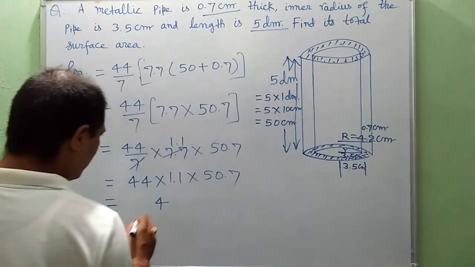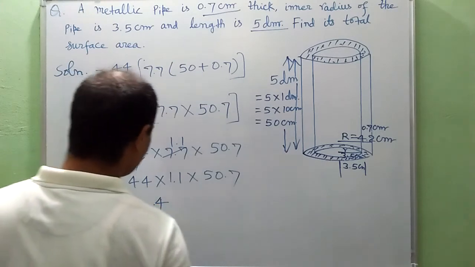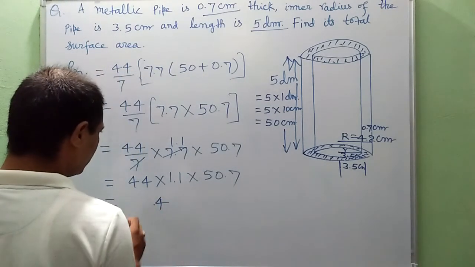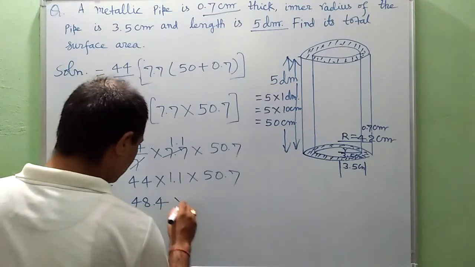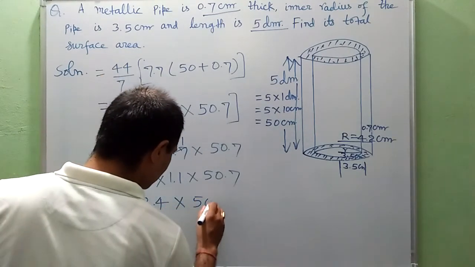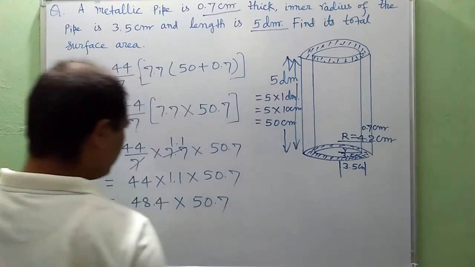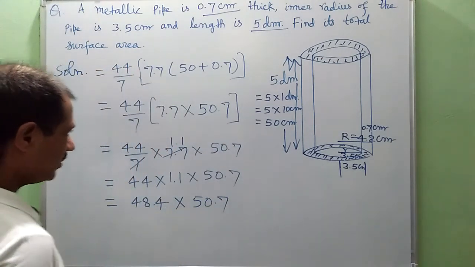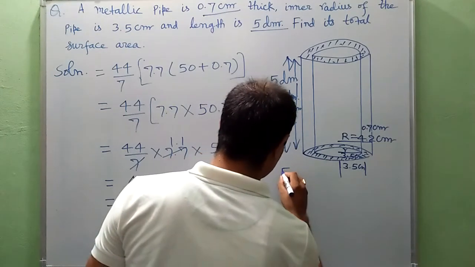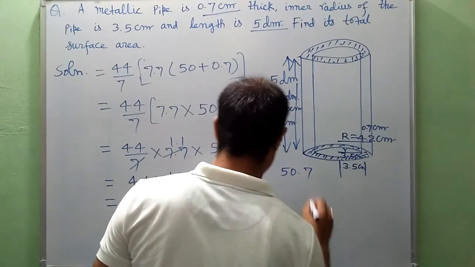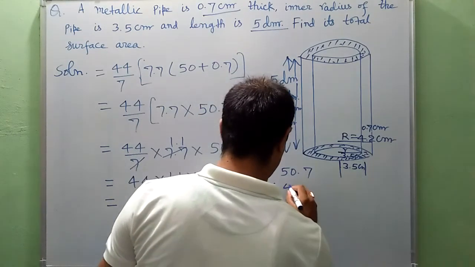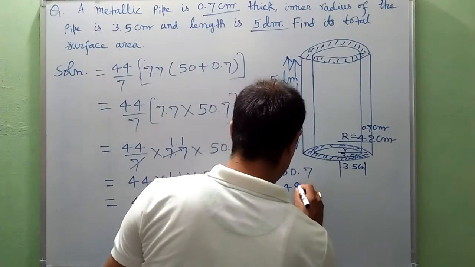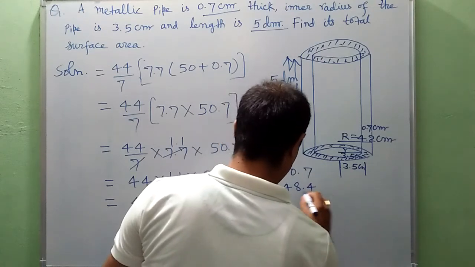44 into 1.1 is 48.4. Now we have to find its product into 50.7. That will be calculated like this.